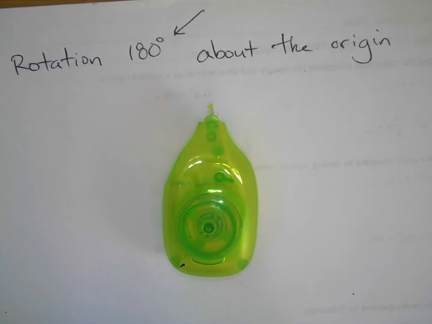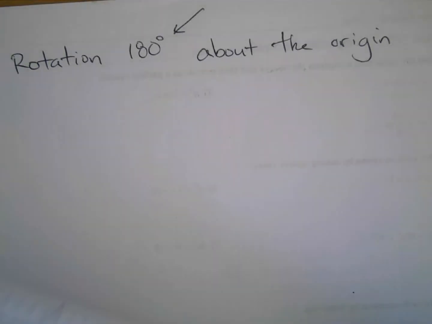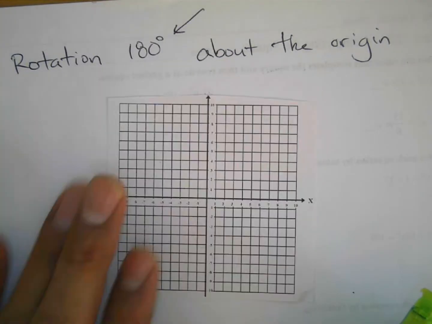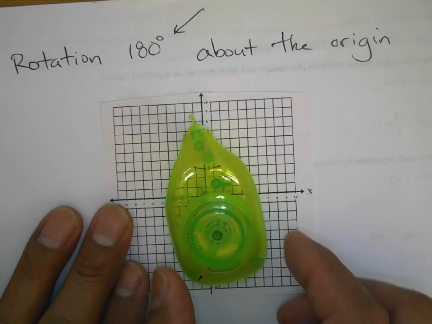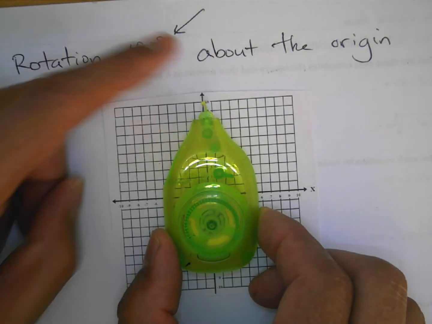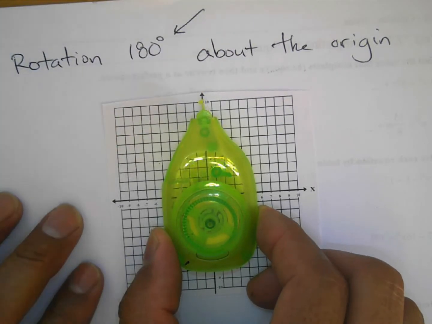Now, if I have to rotate this, and let me put a grid here, 180 degrees, right? So this pointy end is kind of pointing to the top, right?